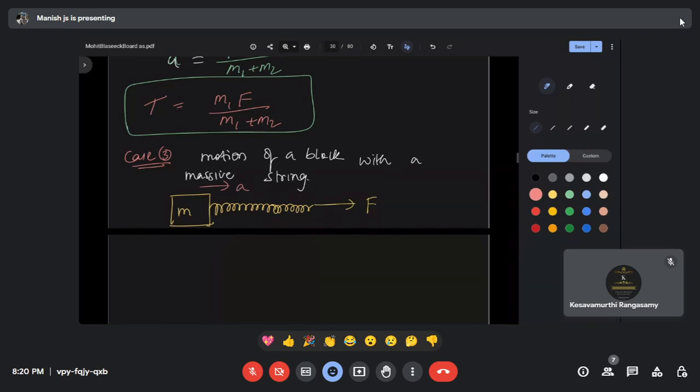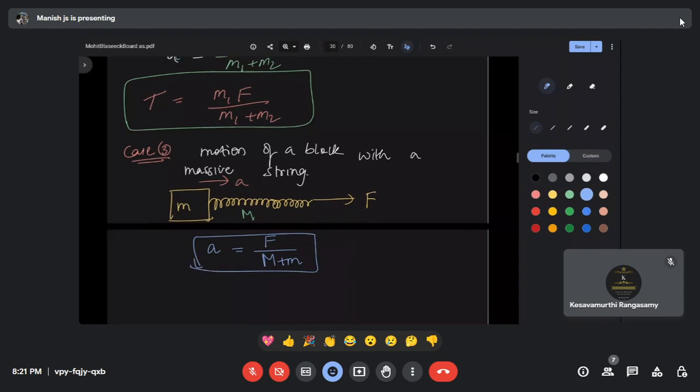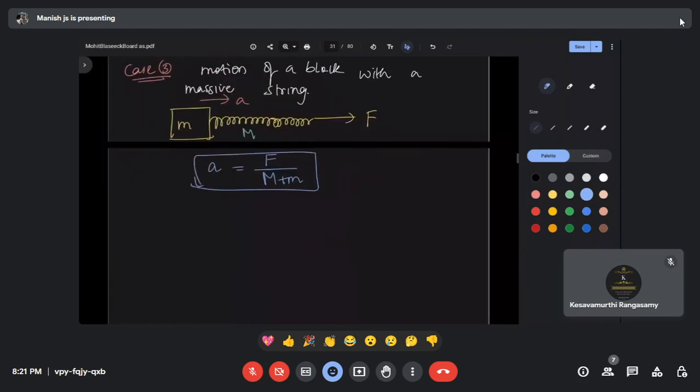So what would be the acceleration? The spring has also got some mass. Let me differentiate. For the mass of the spring, I will use capital M. So what would be the acceleration? In this case, again, you apply Newton's laws, you will get A is equal to F upon M. Here it's the combined mass of both the block and the spring together.